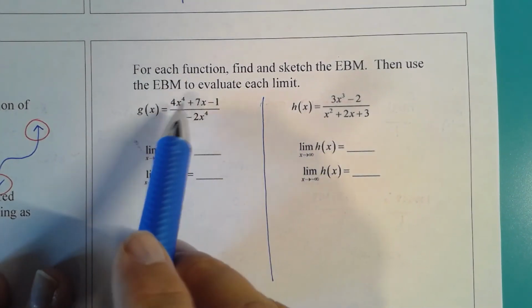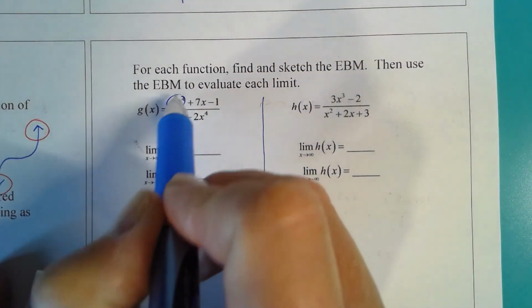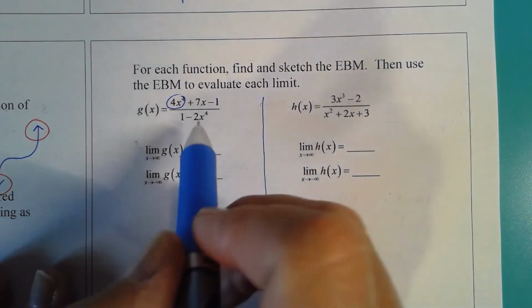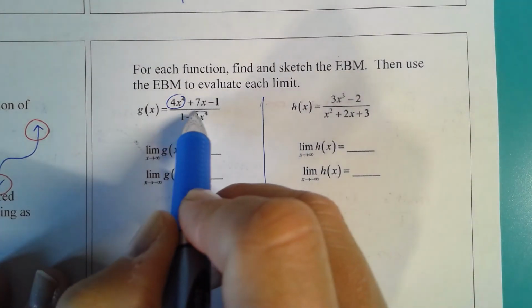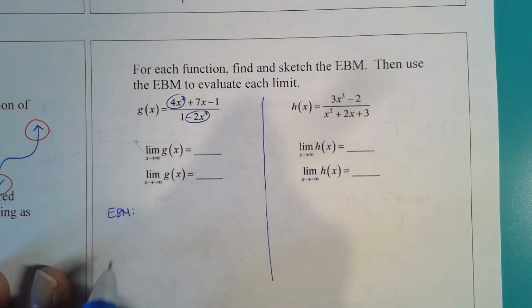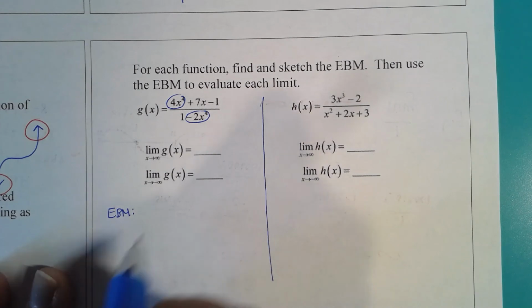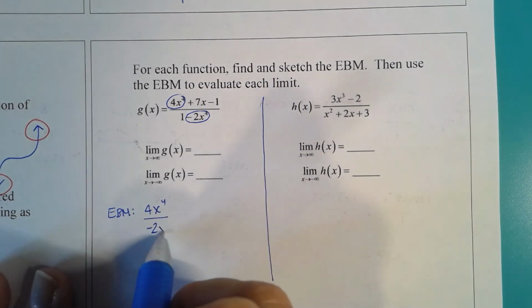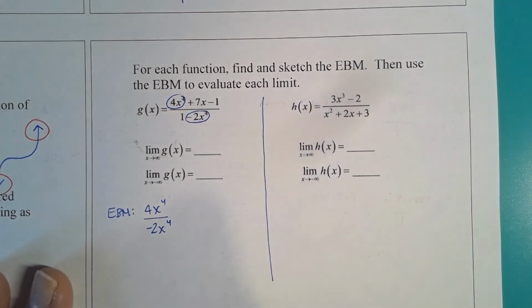In the top, I have a 4x to the, now I just covered it up, it said 4. On the bottom, I have a negative 2x. The end behavior model says this graph will look just like this graph in the ends.